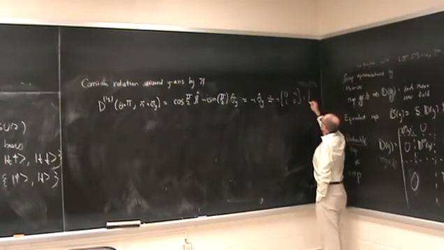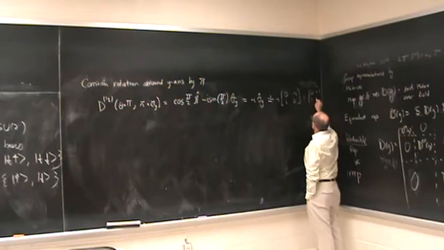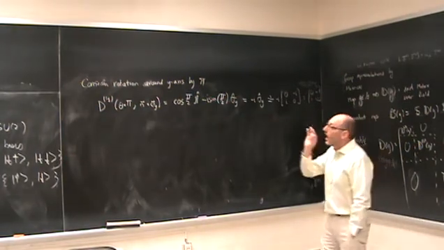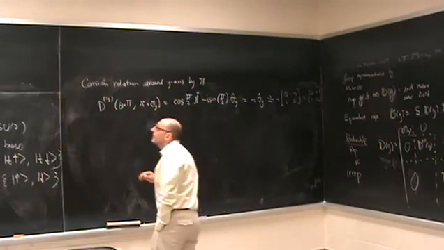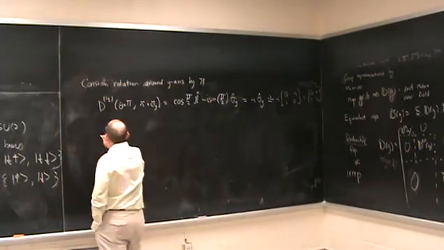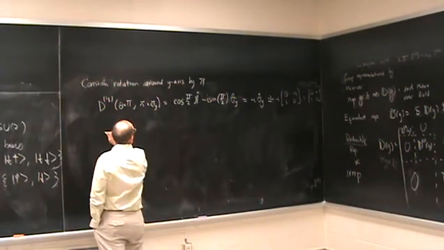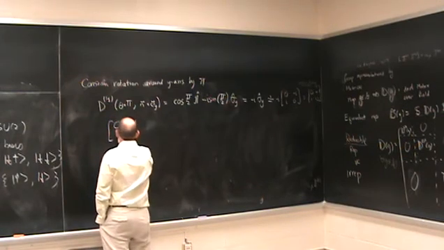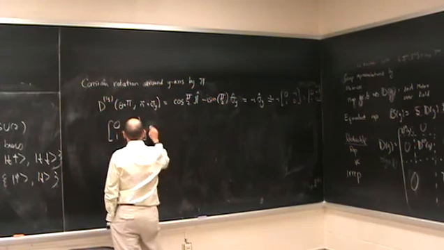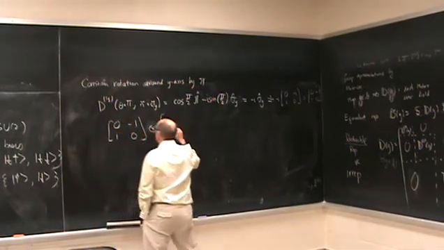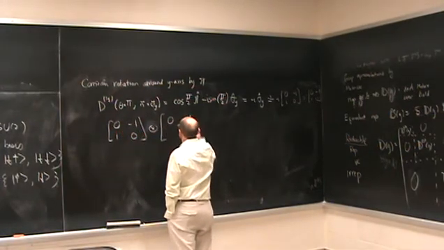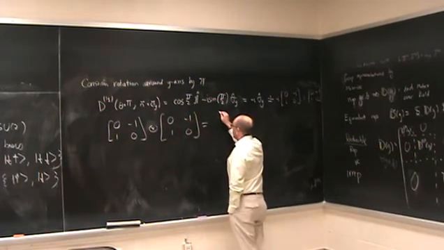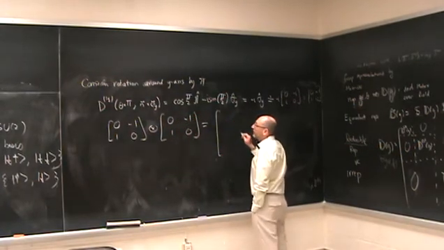On the tensor product space, the matrix representation, as written, is this 4x4 matrix.